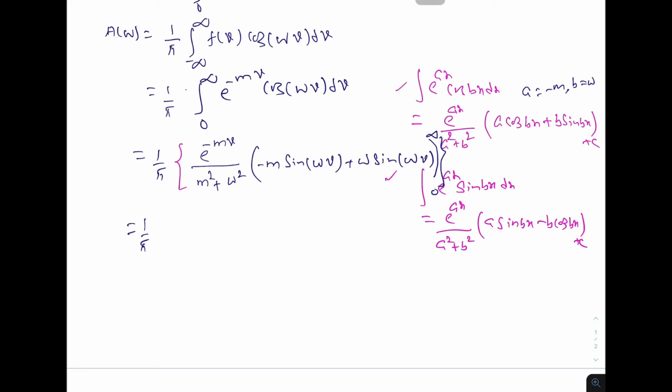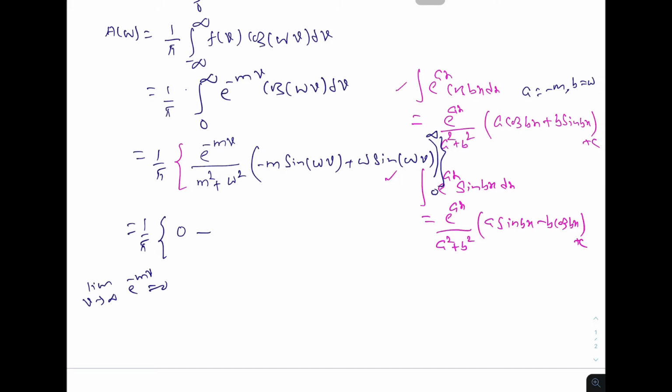So this is 1 upon pi. If we apply infinity, this will be 0, because the limit as v tends to infinity of e power minus mv is 0.